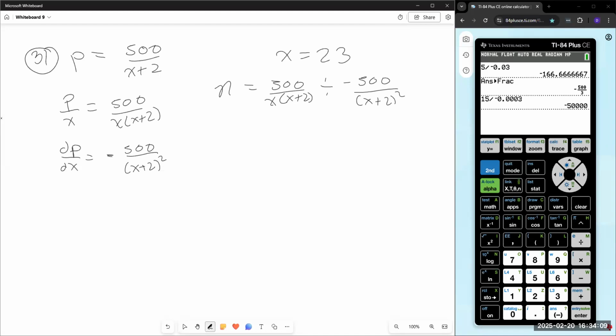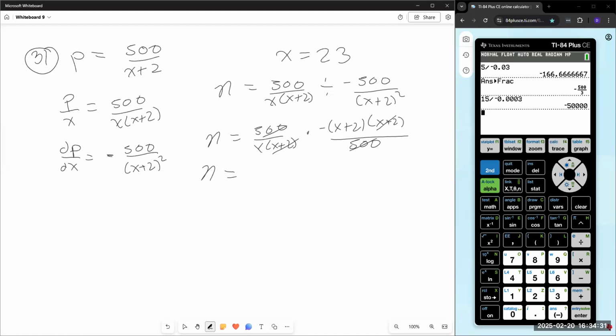So eta is 500 over X times X plus 2 times X plus 2 times X plus 2 over negative 500. The 500s will cancel. One of the X plus 2's will cancel.